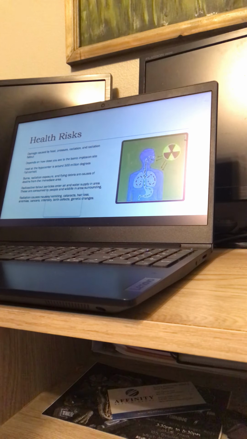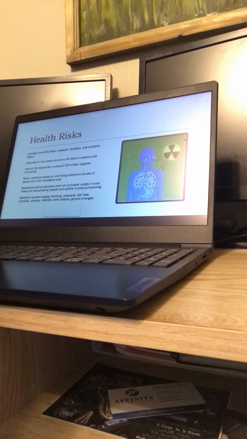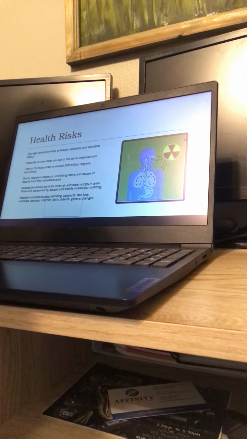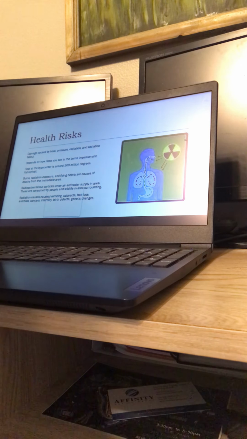Obviously nobody lives there anymore, but they still go in periodically and do studies, and they have to wear certain devices that measure the radiation, and they can only be in there so long of a time to limit the radiation effects on the body. But similarly, we can see the effects of radiation whenever we look at things that have happened in the past.